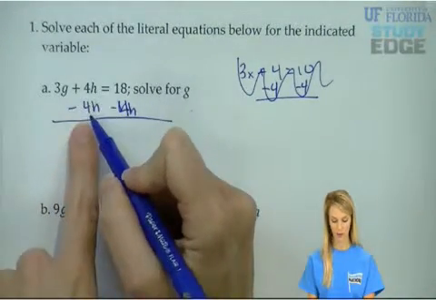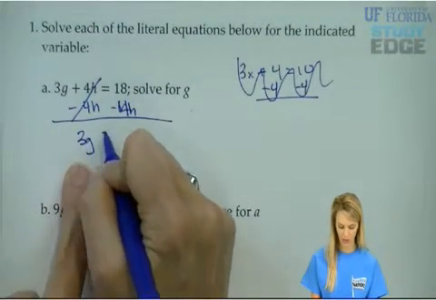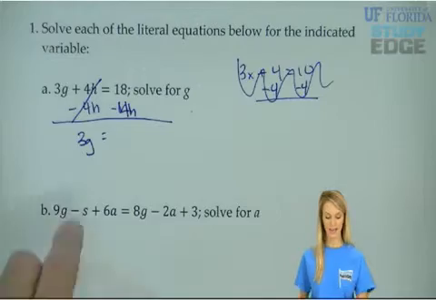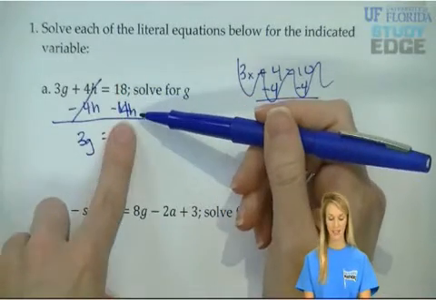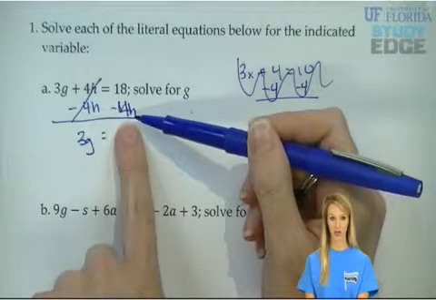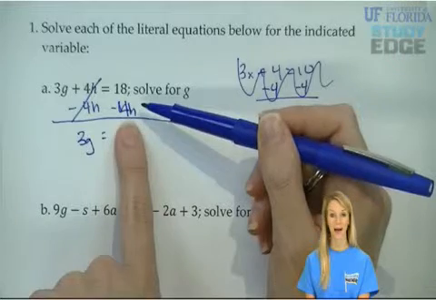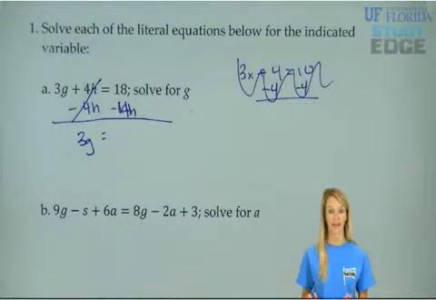Well, 4h minus 4h, those cancel out, 0. So we're left with 3g on the left side of our equation. Now we have 18 minus 4h. Are those like terms? No. So you can't combine them. Remember, you can only combine like terms.